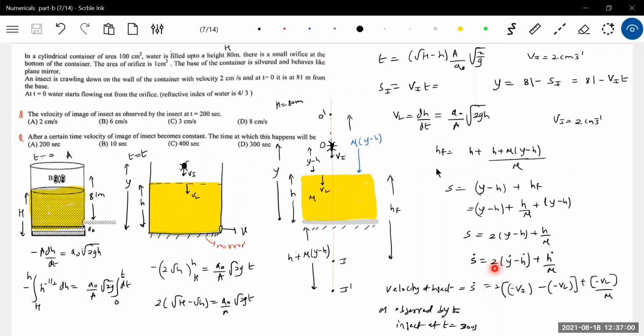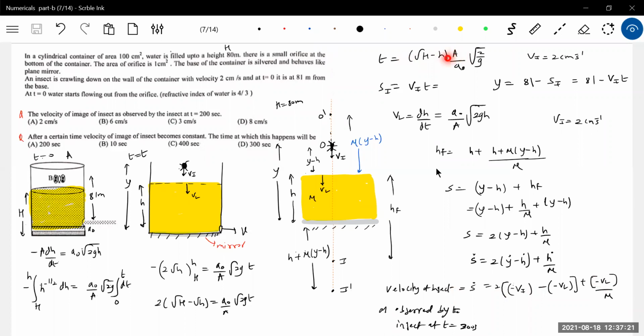Our discussion should be from here. H is needed. If you can get H, you can save time. That's what I mean to say, like the time taken to empty the tank. This way you save time.